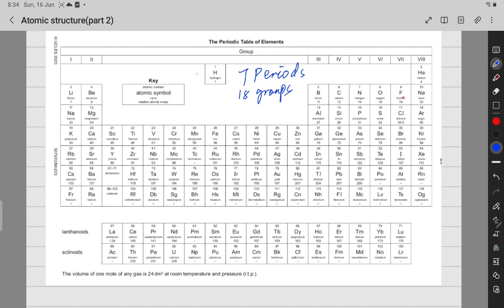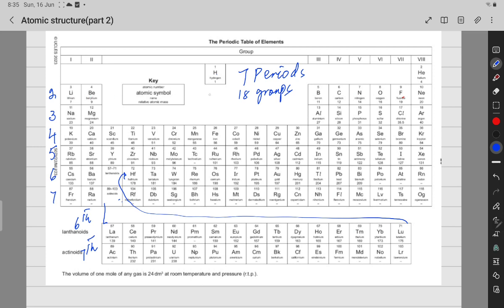Look here, the first period has hydrogen and helium. This is the second period, third period, fourth, fifth, sixth, seventh, and this is the remaining part of the sixth period, and this is the remaining part of the seventh period, and then we move again to this row.